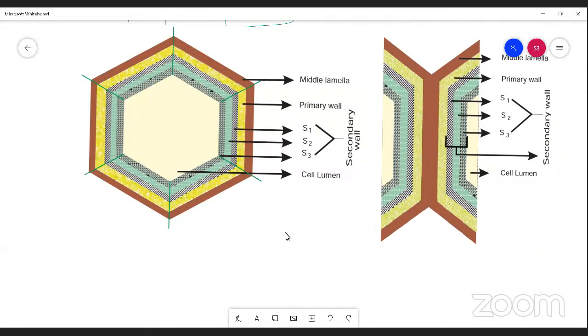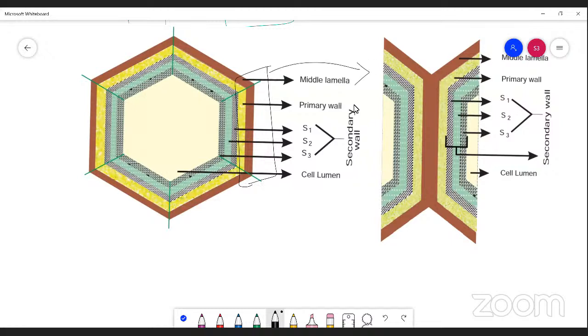Okay, I have taken these portions. Dear student, please understand, I have enlarged only this sector.